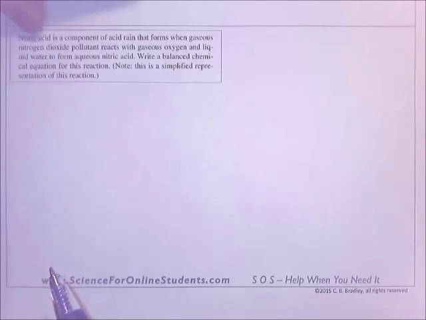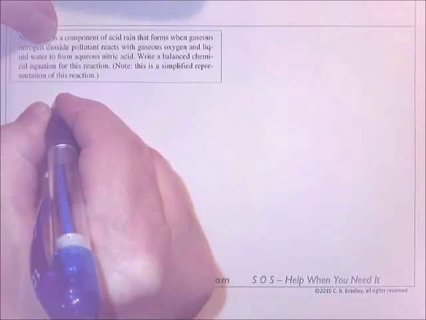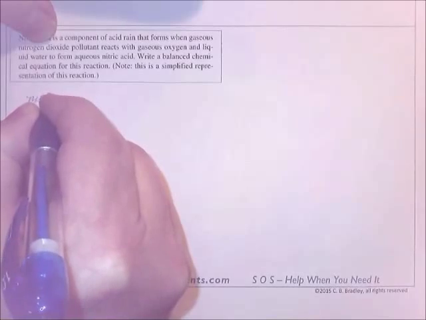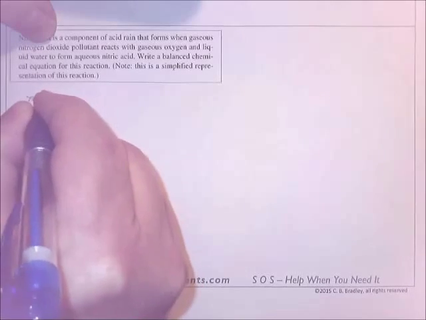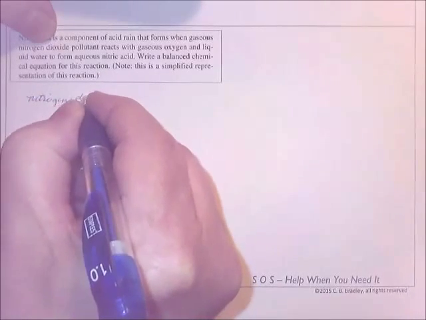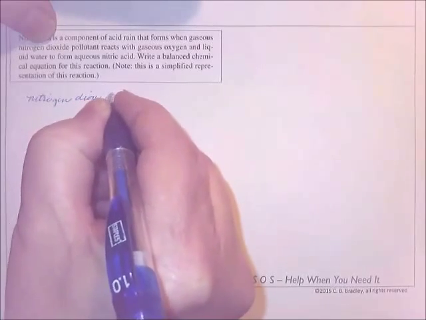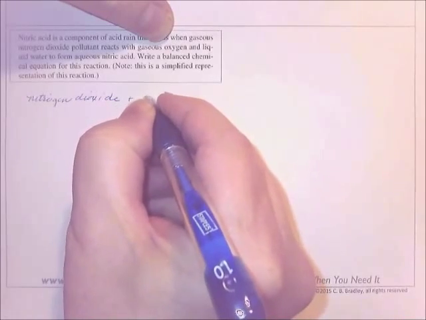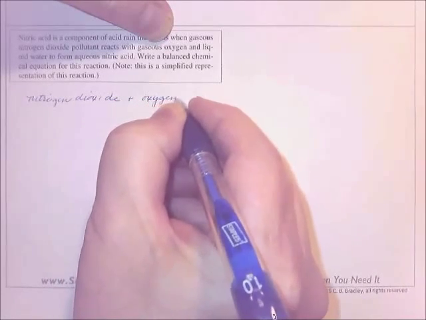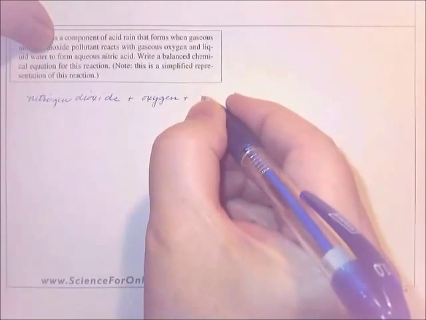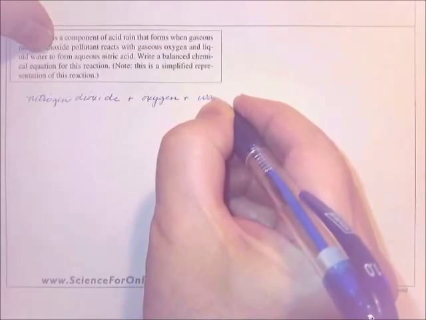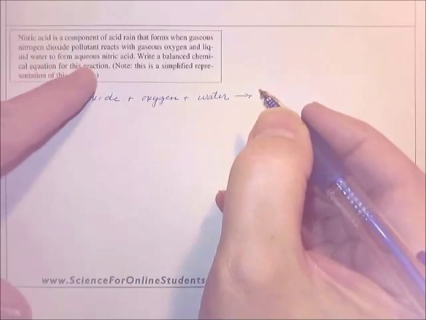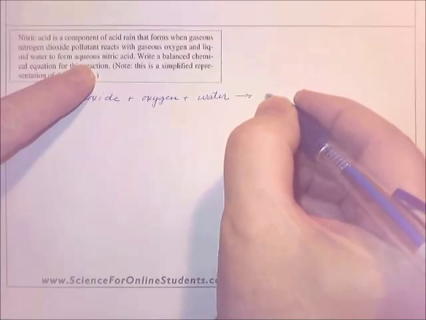Okay, we're going to start with nitrogen dioxide. So let's write it in words first. Nitrogen dioxide plus gaseous oxygen and liquid water make aqueous nitric acid.